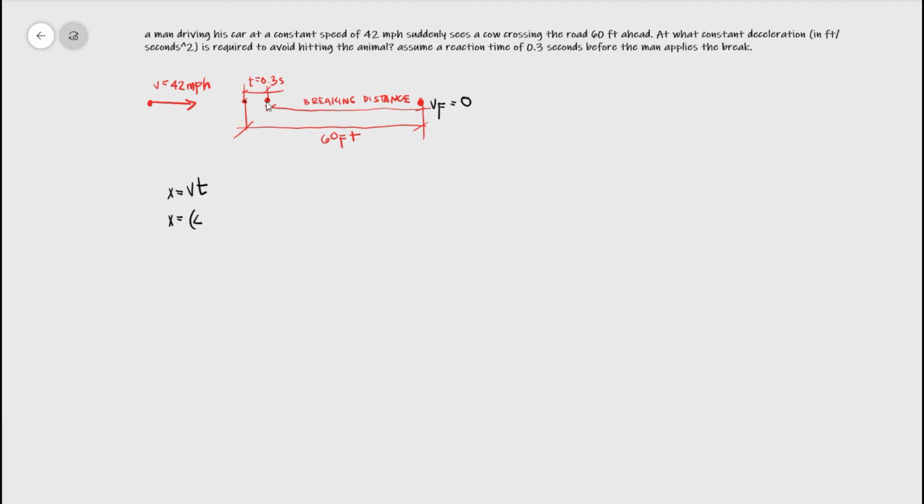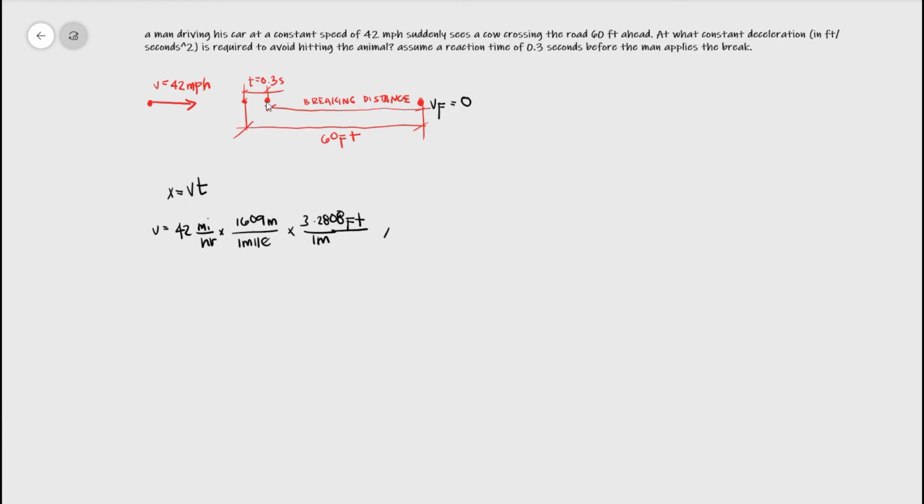Before we apply the values, let's first convert our speed of 42 miles per hour. We know that in 1 mile there are 1,609 meters, and for every 1 meter there are 3.2808 feet.